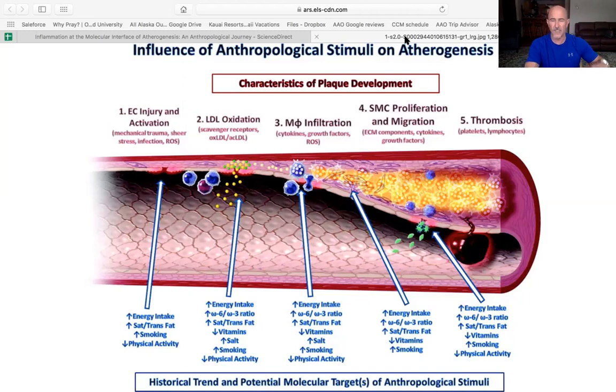Now you're getting this stiffened, thickened wall. This is leading towards more high blood pressure, which is this vicious cycle of increased risk that we talked a little bit about in the last lecture. And then we're moving right along.